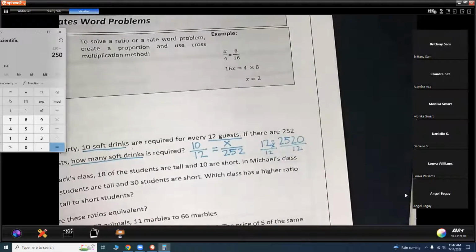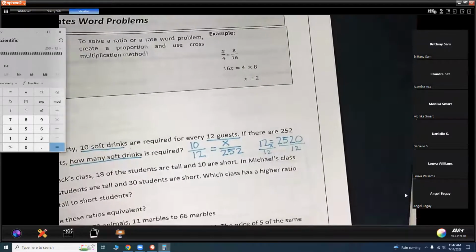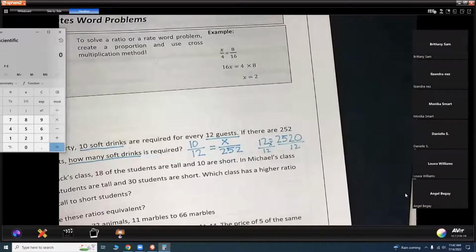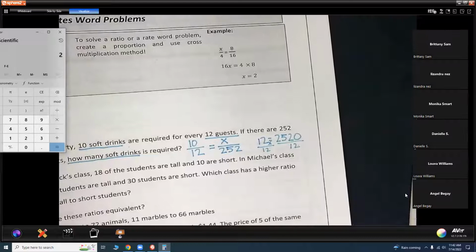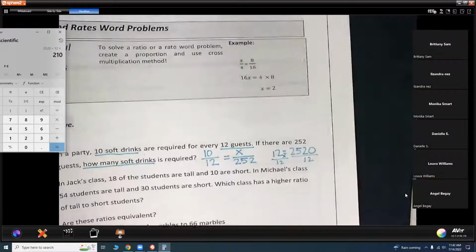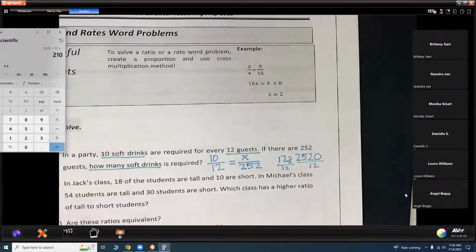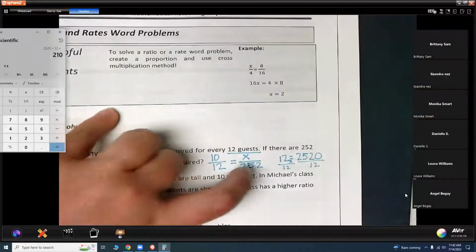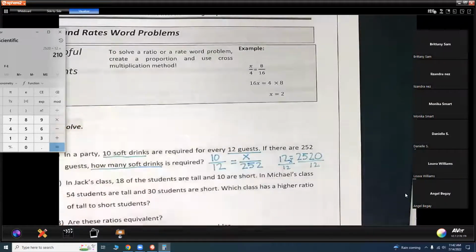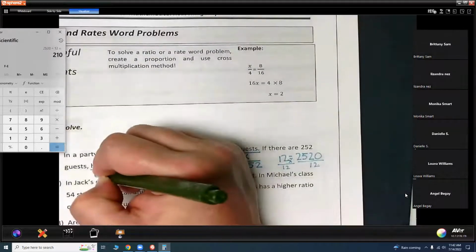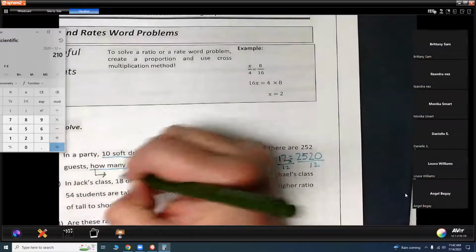So 210 drinks. If the ratio is 10 to 12, and there's 252 guests, then it's 210 to 252. Does everyone see how the setup works here?